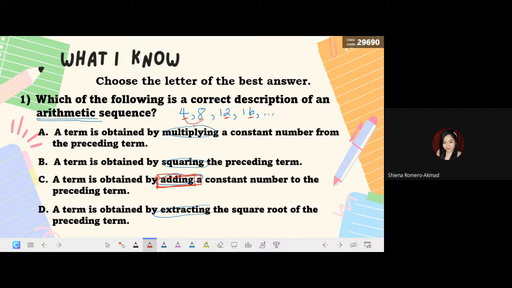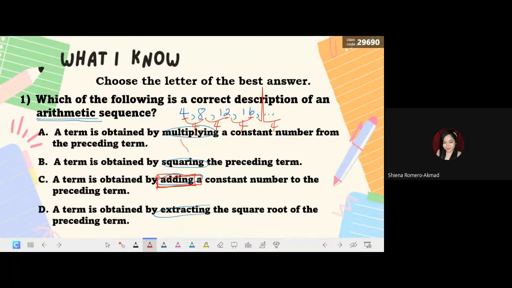So ano ba yung number that we can be added to 4 para maging 8 yung next term? What number is that? Leia. 4 po. Yes, 4. So you add 4 here, and then you add another 4, and 4, and so on.